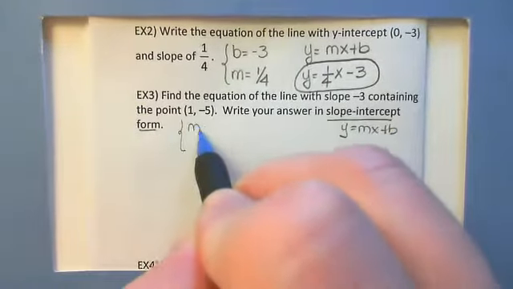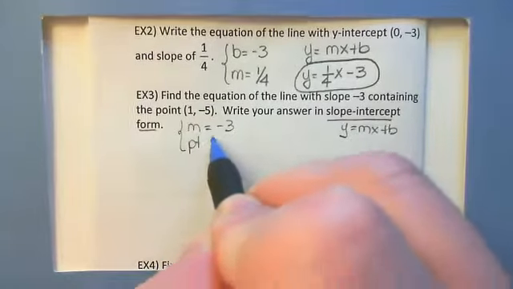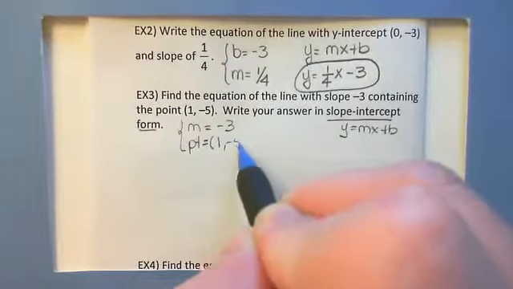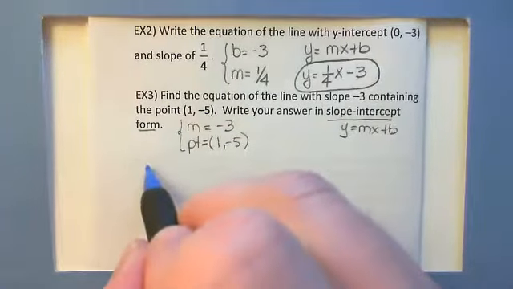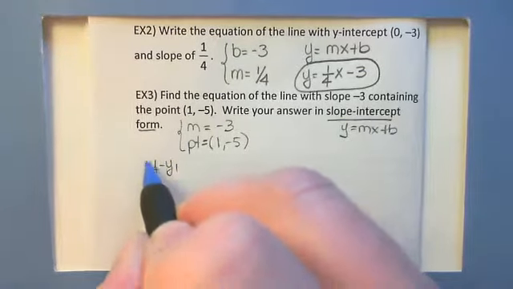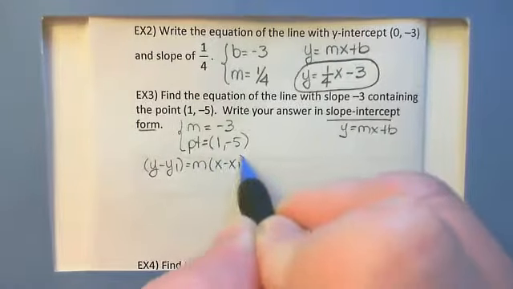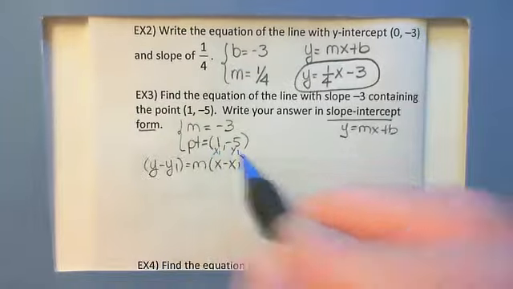The problem gave us a slope, negative 3, and a point, (1, negative 5). To write the equation, we're going to use the new formula called the point-slope form, which is y minus y1 equals m times x minus x1. And we're going to call this x1 and this y1.